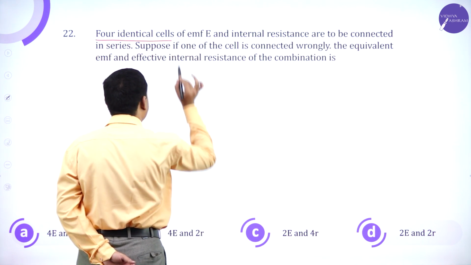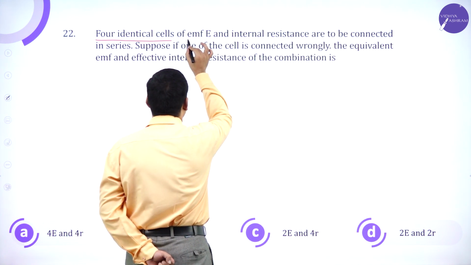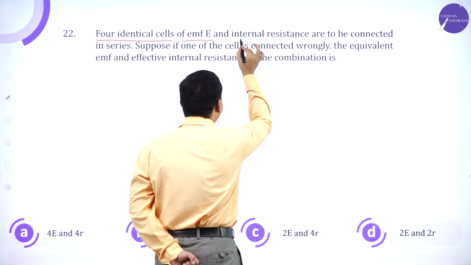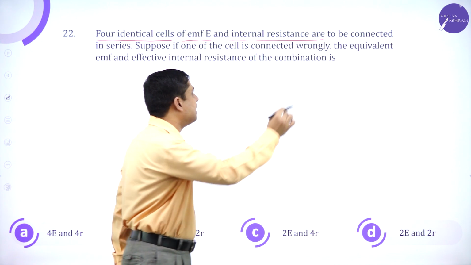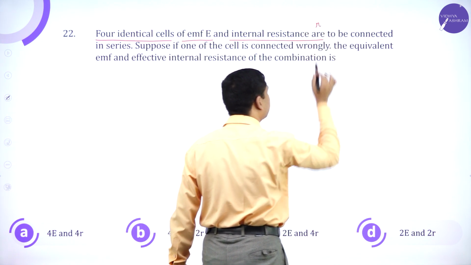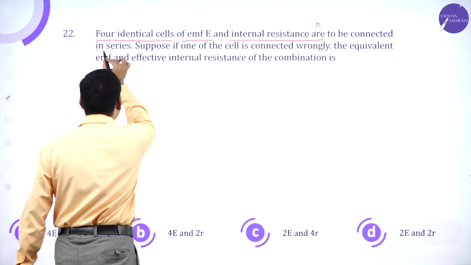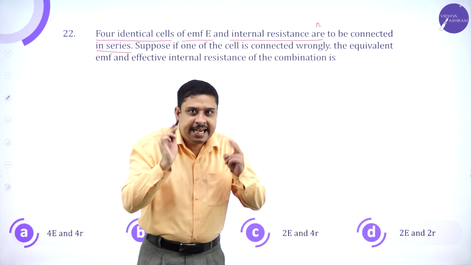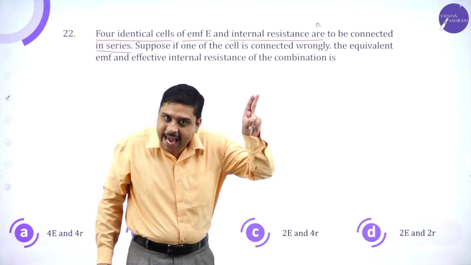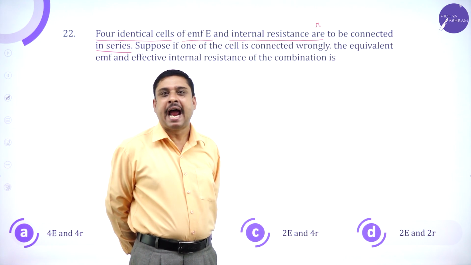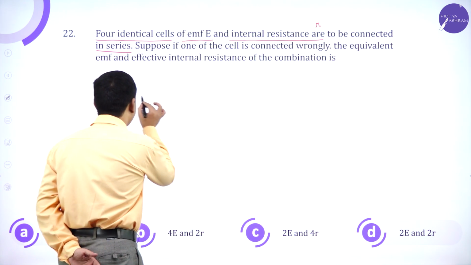4 identical cells of EMF E and internal resistance R to be connected in series. Identical means they will have the same EMF and same internal resistance.